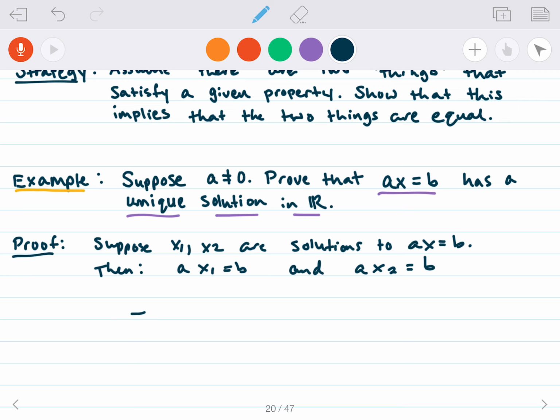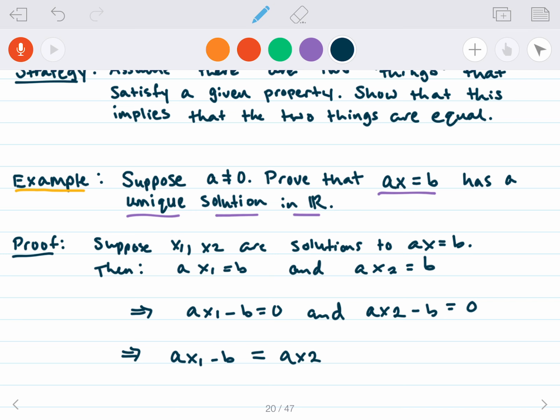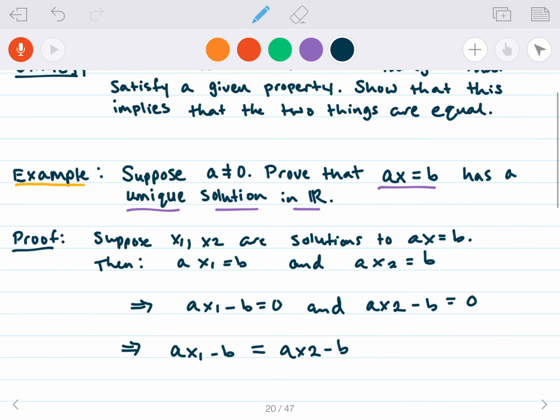All right, and so if we do some manipulation here, just subtracting b from both sides, we get a times x1 minus b equals 0, and a times x2 minus b equals 0. So both things equal 0. We can set them equal to each other. So this implies that a times x1 minus b equals a times x2 minus b.